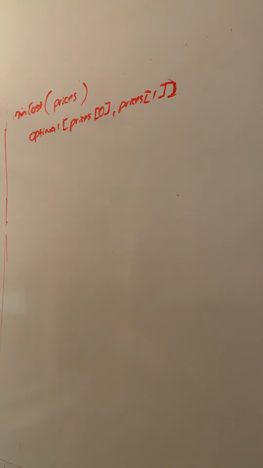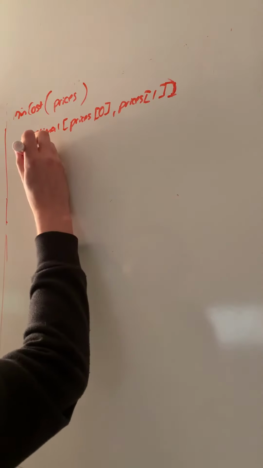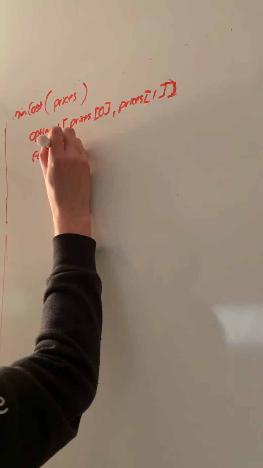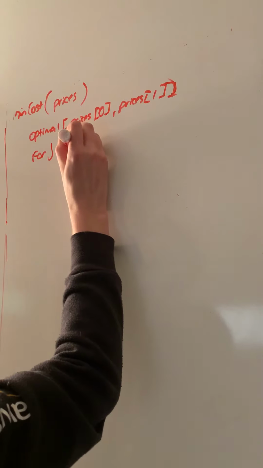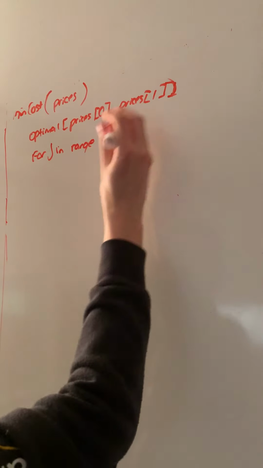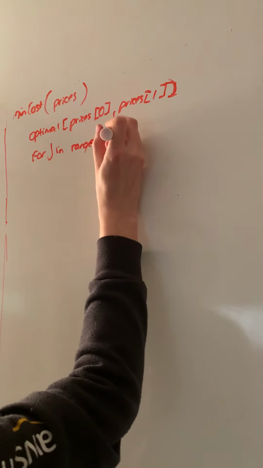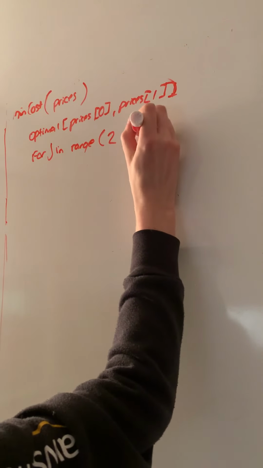Now, for every step after that, we're going to be finding what the optimal price would be. So we would now iterate over it in the range of all past this. So this would look something like 2 to the total length.